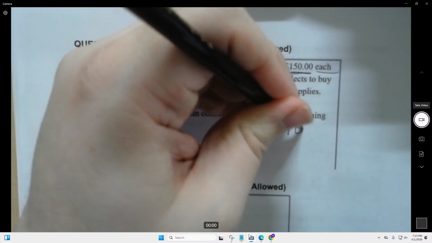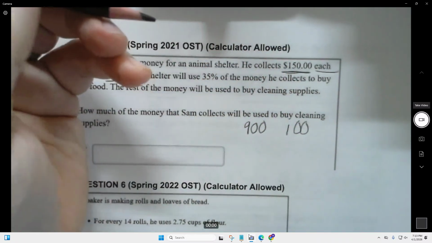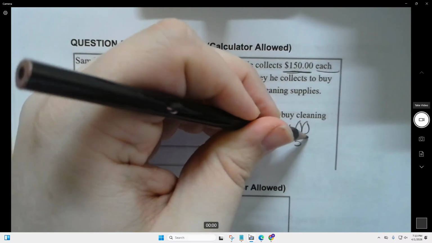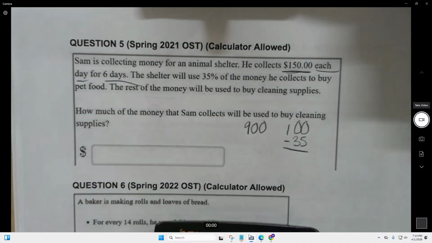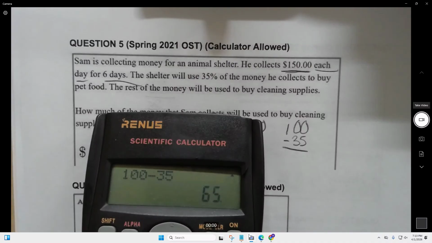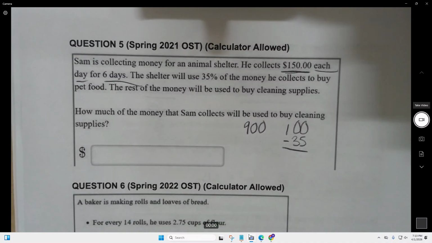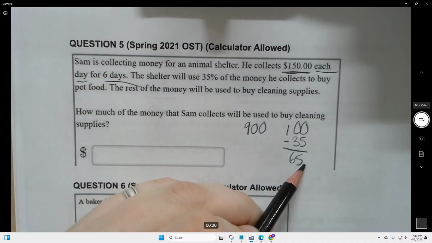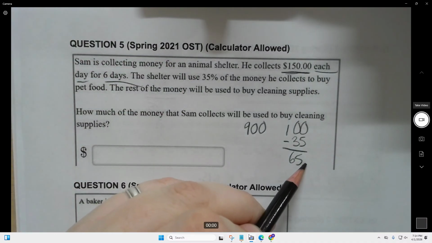So, percent is always out of 100. If 35% is being used for pet food, you need to take out that 35%. 100 minus 35 is 65. Now we need to convert this to a decimal.